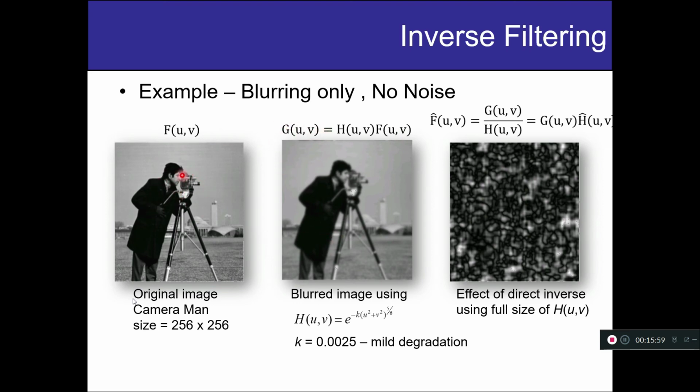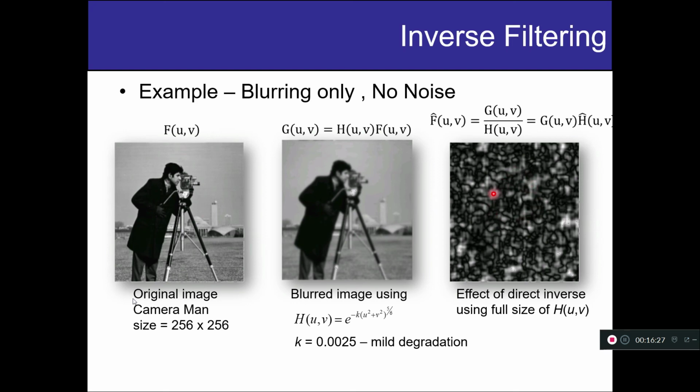The one that you obtain using your camera is this one. Let's say you already found this H, using the third way, the mathematical model in producing your H. Once they know the H, they divide your G by your H, and this is what you get.